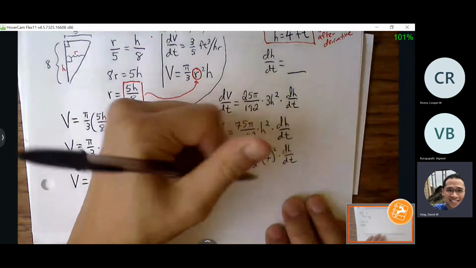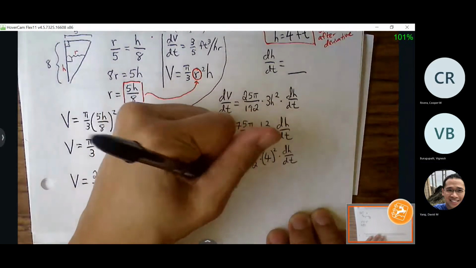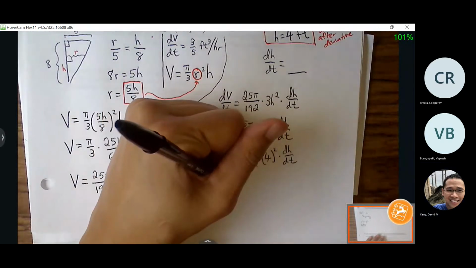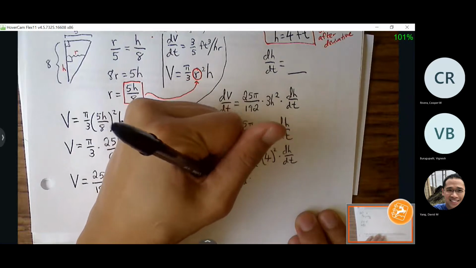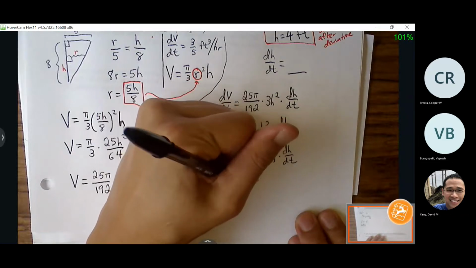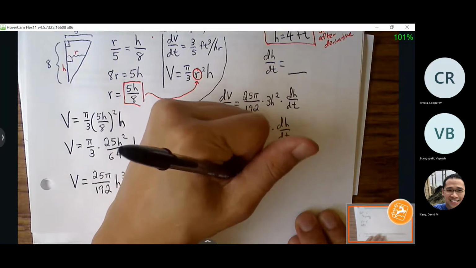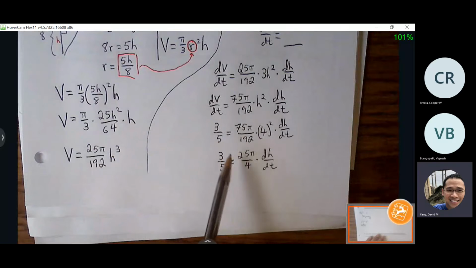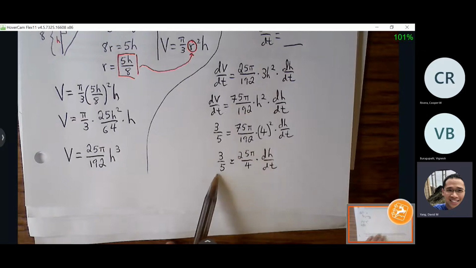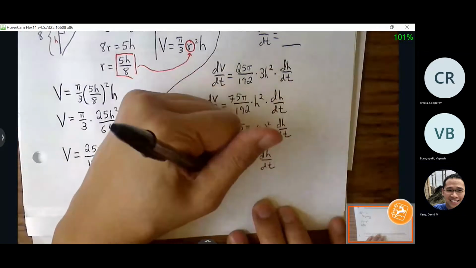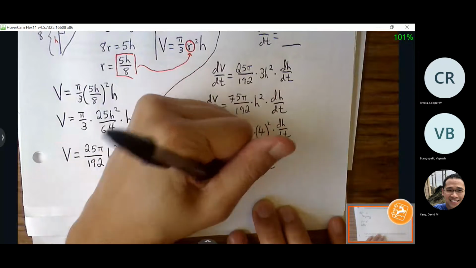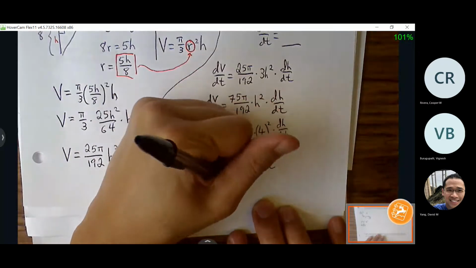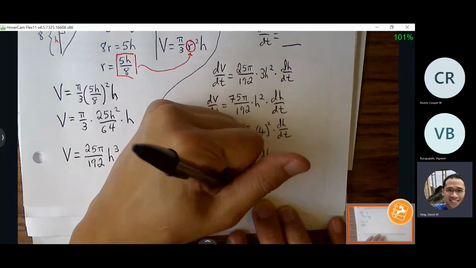The calculator helps me get to that point. Divide by 25/4 to get to the other side. Dividing by a fraction is the same thing as multiplying by the reciprocal. Notice pi is in the denominator.